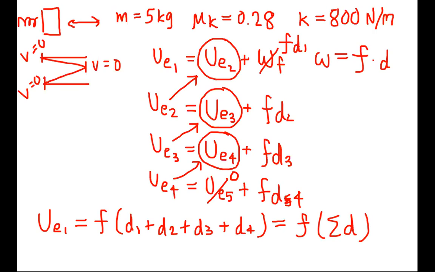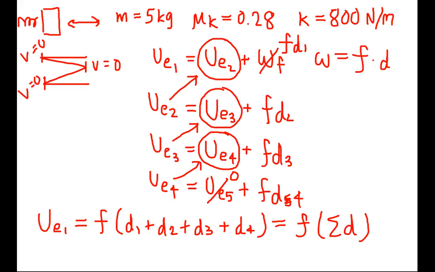Looking back at the problem, it's relating the initial compression length to the total distance. So what would the next step be if we're relating energy to distance currently? How would we relate the initial compression length to the distance? Okay, so there's still another step to go so that we can relate it to compression.